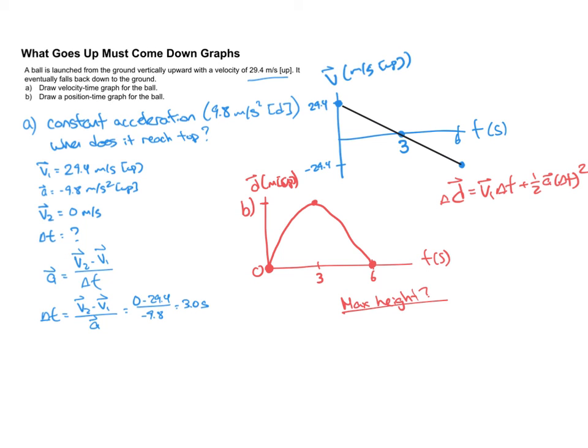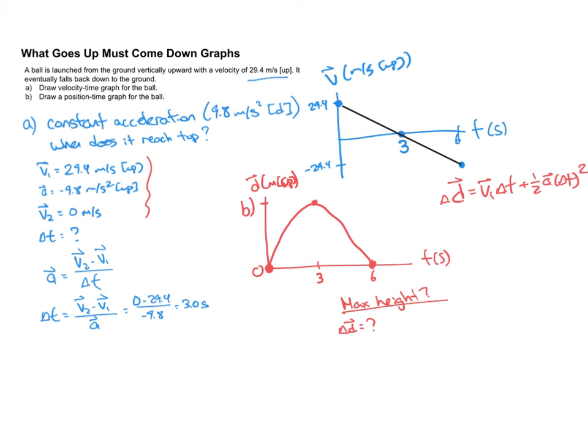So for a maximum height question, I'm basically going to use the same three givens as part A. And then instead of finding the time, I'm going to find the displacement. How much did it displace for the first half? And that'll give me the maximum height.